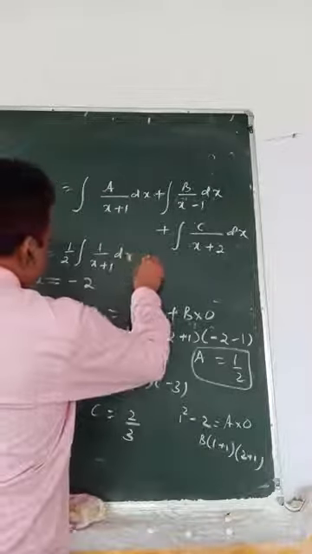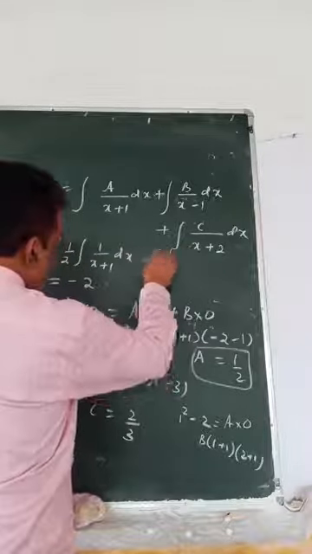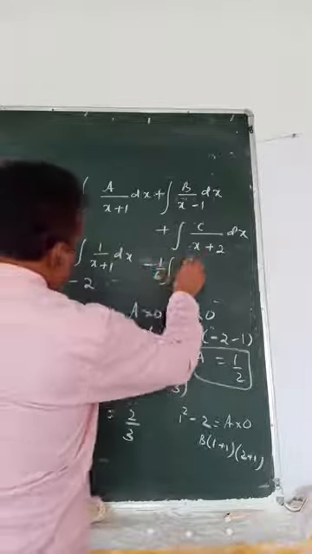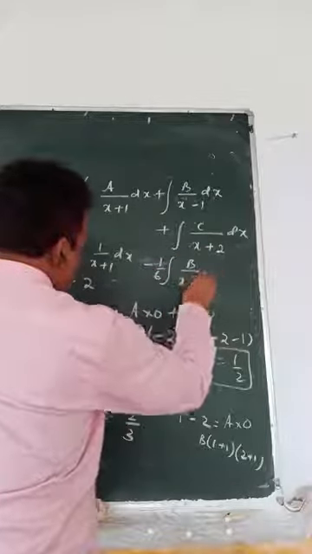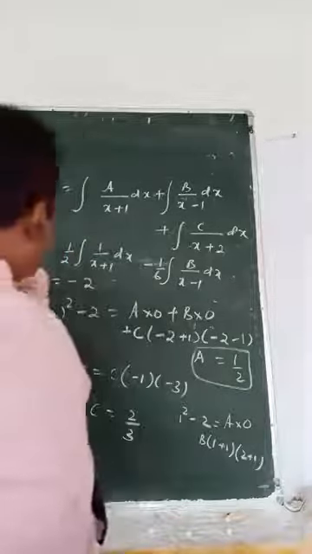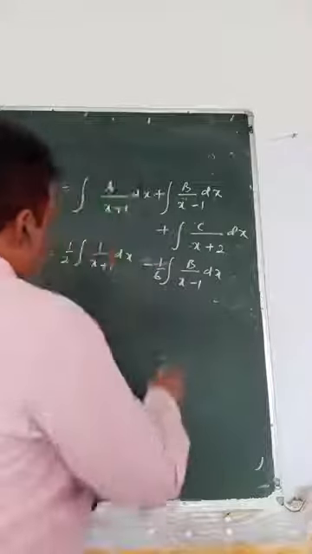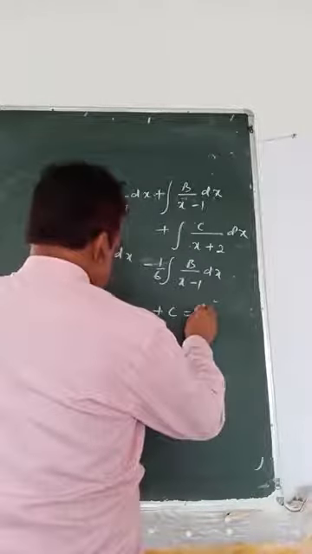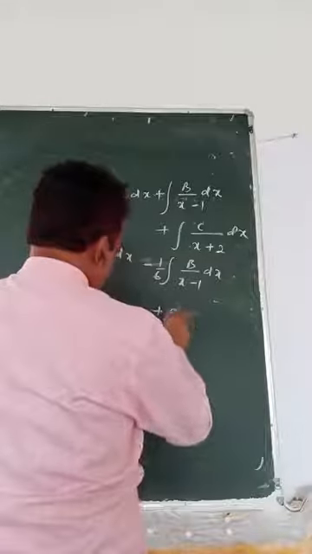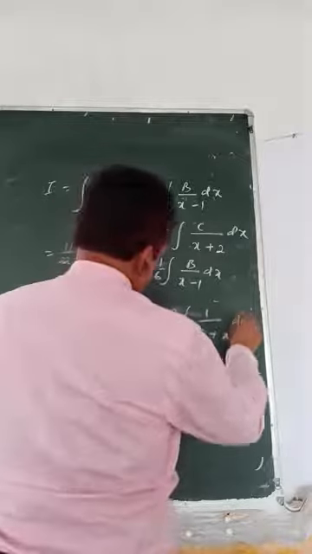Yeah, minus 1 by 6. b by x minus 1 plus c is 2 by 3, 1 by 2 plus x dx.